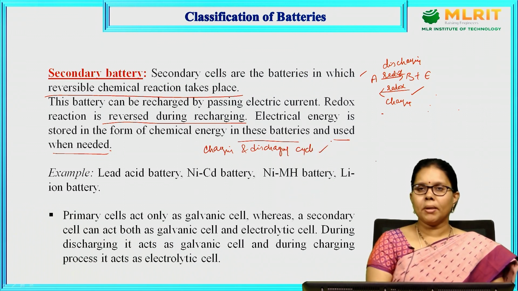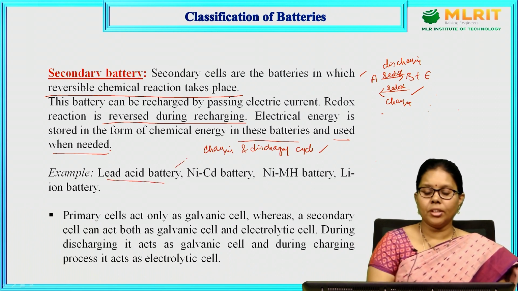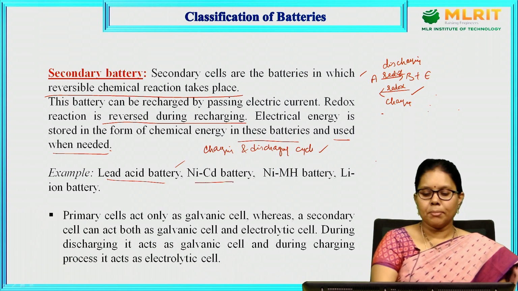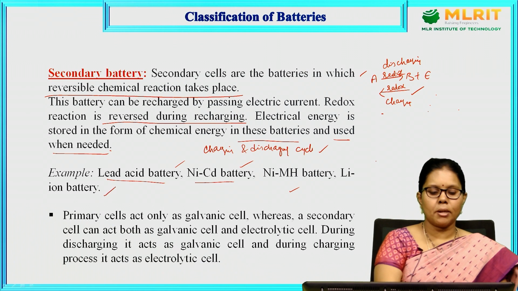In primary batteries, a large number of cycles of charging and discharging is not possible. Once the battery was discharged, it is of no more use. It was dead. In secondary batteries, there is a possibility of charging and discharging. Examples are lead acid battery, nickel cadmium battery, nickel metal hydride battery and lithium ion battery.